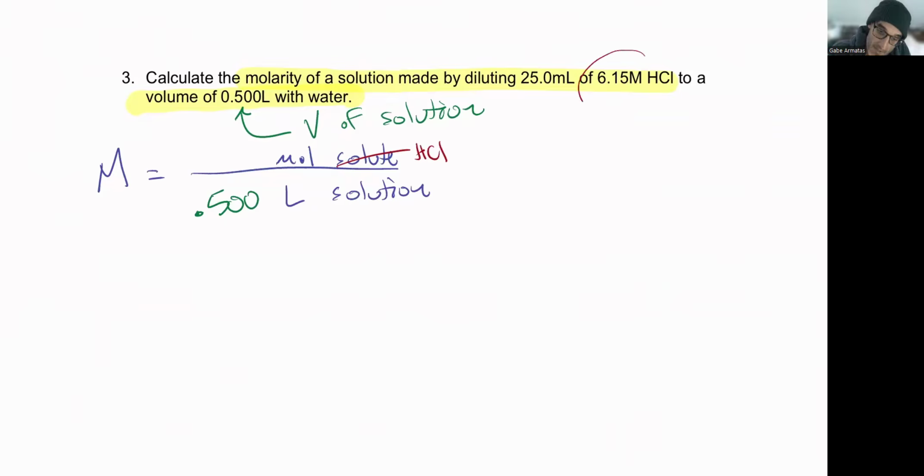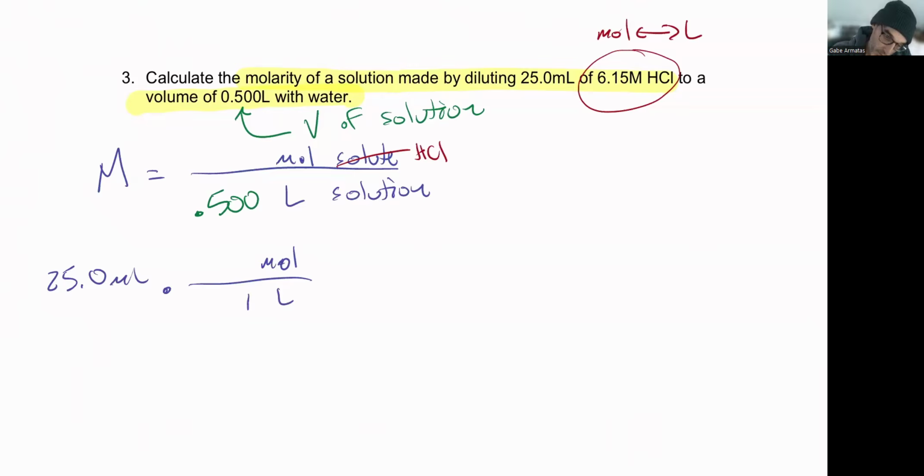When you have a concentration, this allows us to convert between moles and liters of solution. That's what we should use a concentration for, because dimensional analysis, well, if I start with 25.0 mils times fraction moles per liter, 1 liter is equivalent to 6.15 moles.